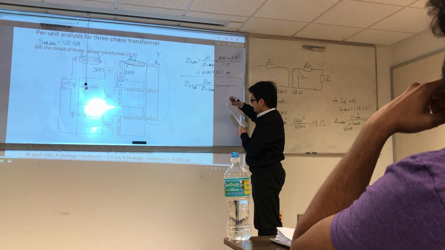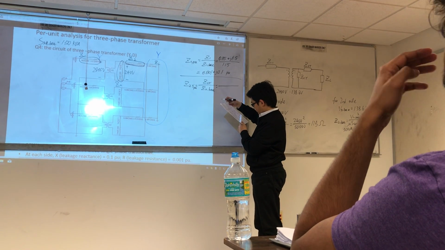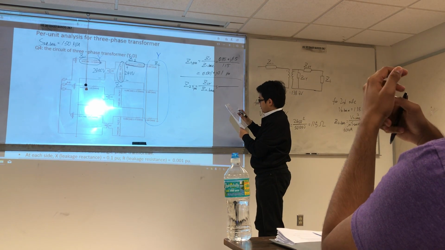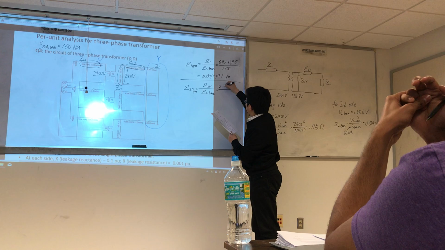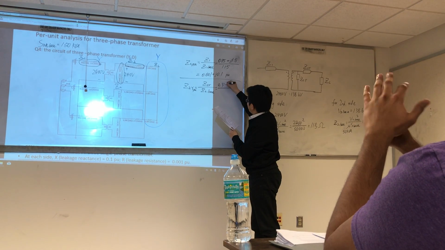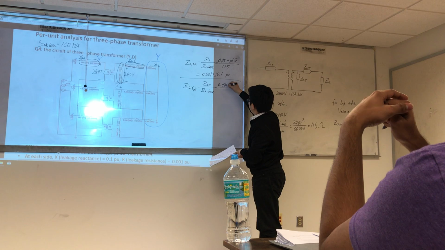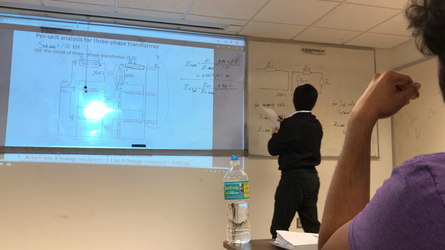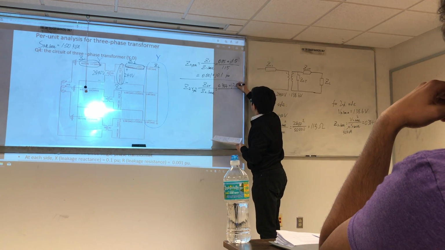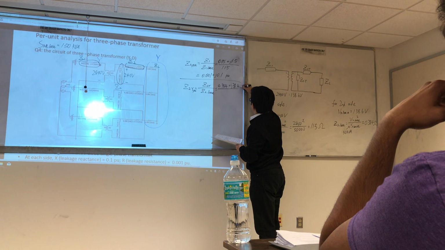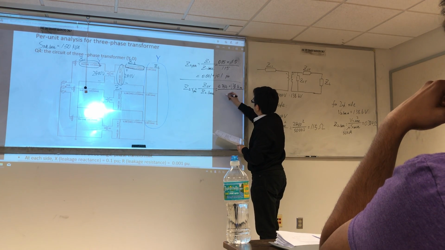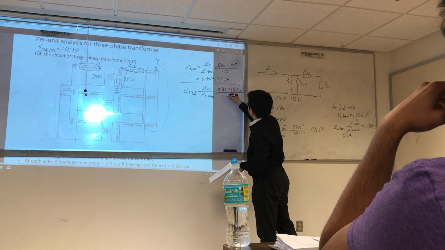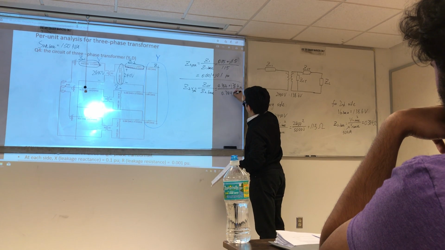Z2Y is 0.384 plus j38.4, meaning this is in milliohms, divided by 0.84.